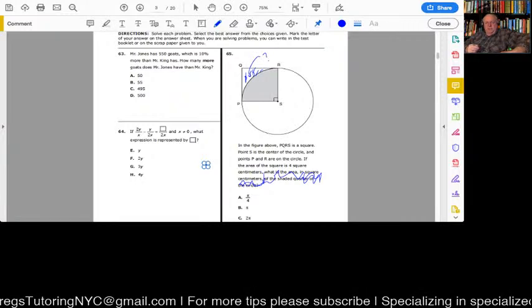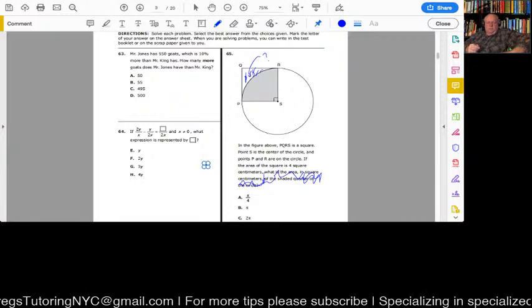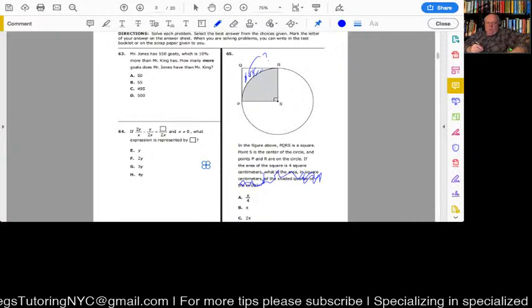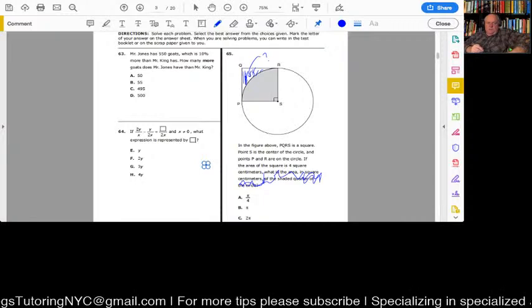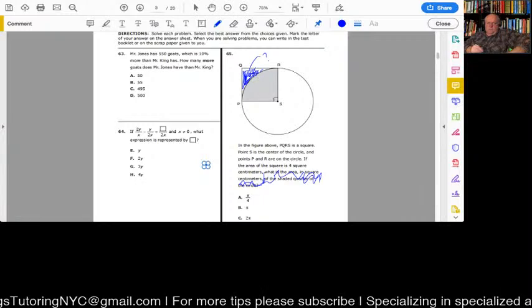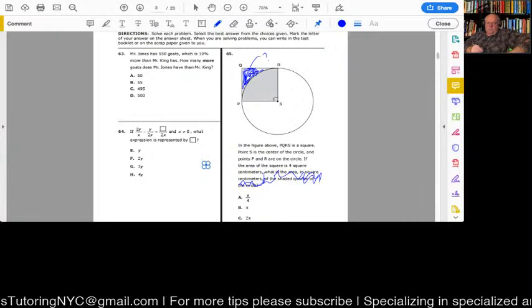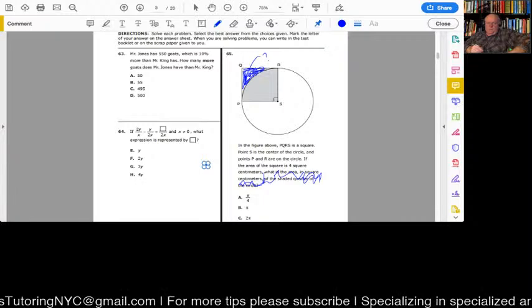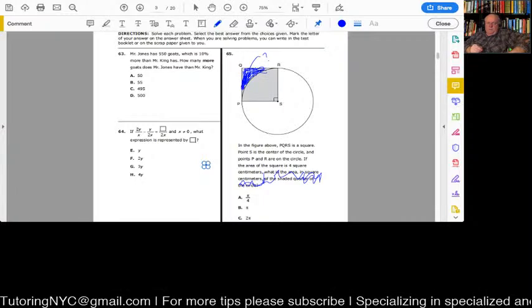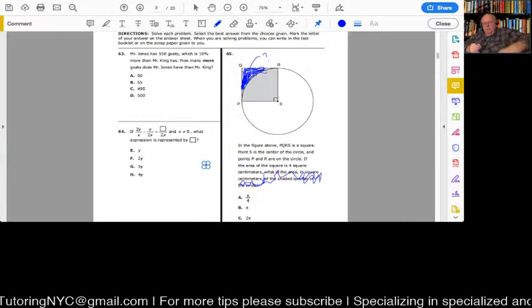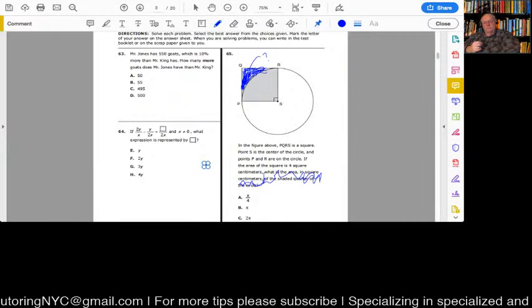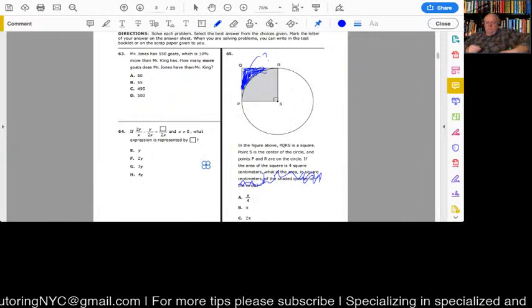Anybody have any ideas on that? What is the area of this right here? What's the area of the blue? How do we compute that? Any thoughts?